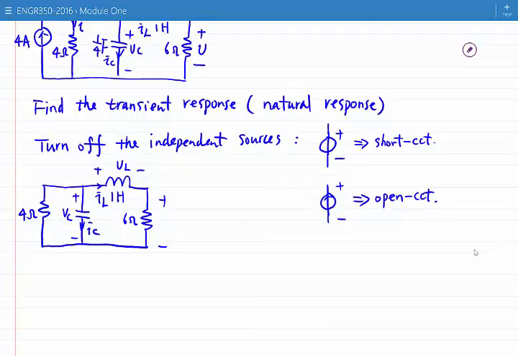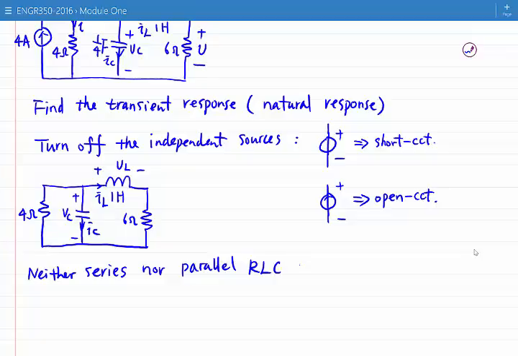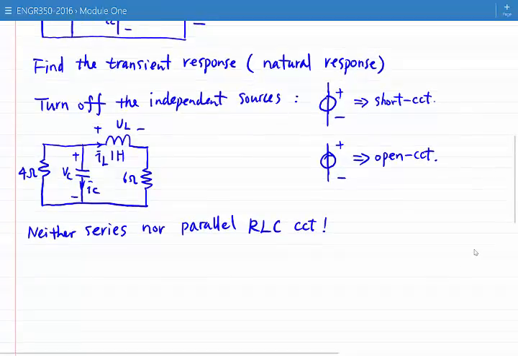So look at this circuit. This circuit is neither a series nor a parallel RLC circuit.